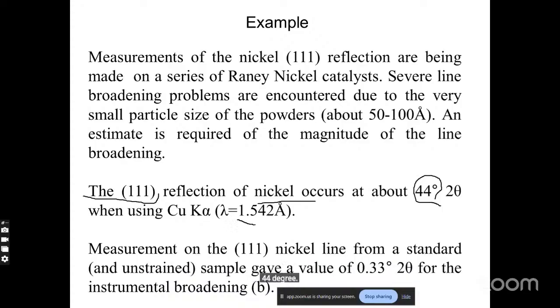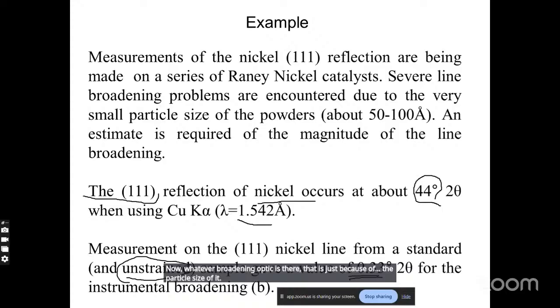The radiation we used is 1.542 angstrom, and this sample does not have any strain. It is an unstrained sample, so whatever broadening of the peak is there is just because of the particle size. This FWHM is found to be 0.33 degree 2 theta.